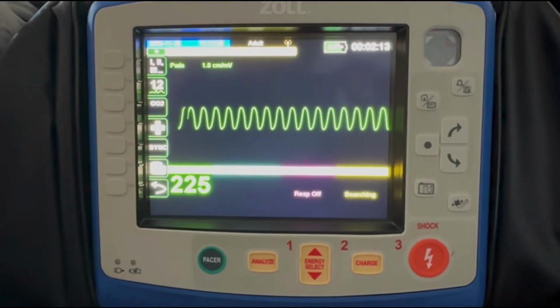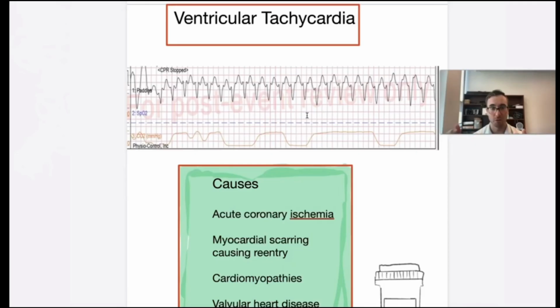There is no P wave, so again, it's coming from the ventricles. It's regular, so that means it's going down the same route, coming from the same spot, which means this is a monomorphic ventricular tachycardia, and it's over 100 beats per minute, so it means it's fast. That's why it's ventricular tachycardia.